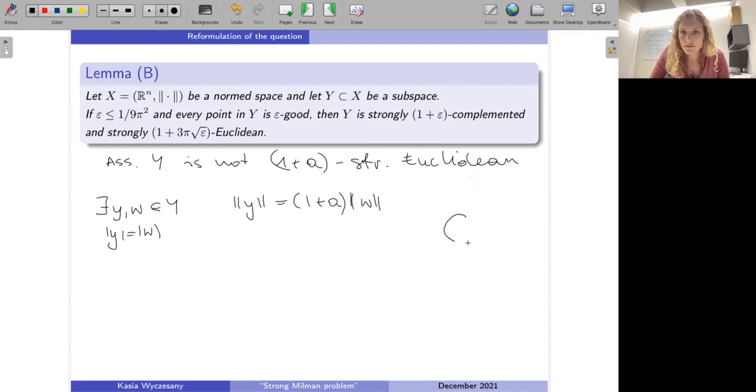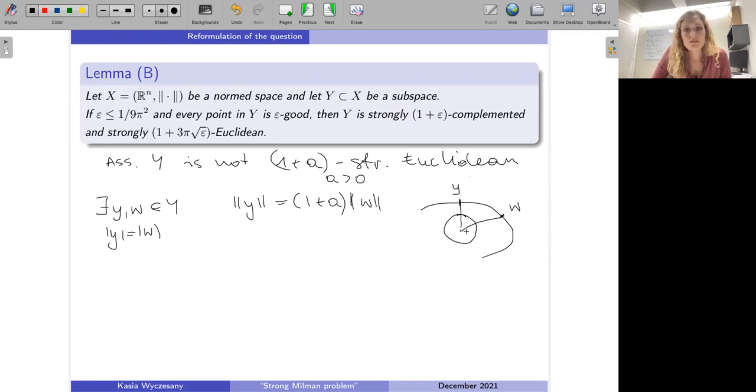So in particular, if I have a sphere, we have our unit ball of our norm. This means that if I choose y here, y has a larger norm than w, because a, I'm assuming, of course, is positive. Then what I want to do is find the shortest arc connecting y and w.